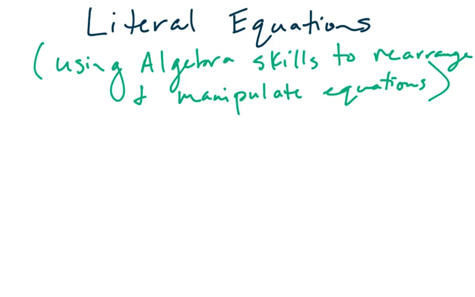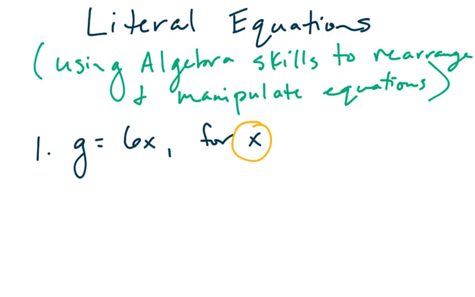Okay, so for example, number 1 on the worksheet says G equals 6x, and then it says 4x. So they want us to solve for x. Okay?